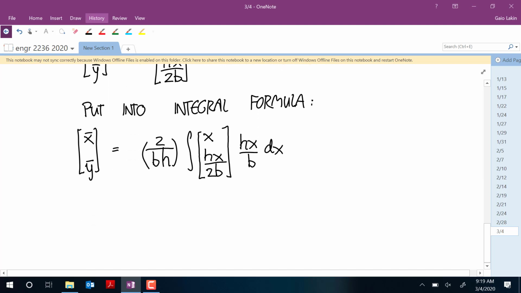And we need boundaries for this. What are our boundaries going to be? 0 to b, yep, because we're doing it in terms of x, so it's the boundaries of the x values.